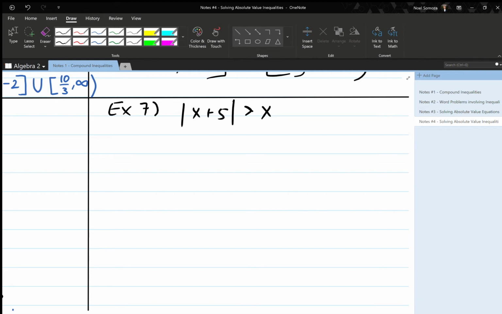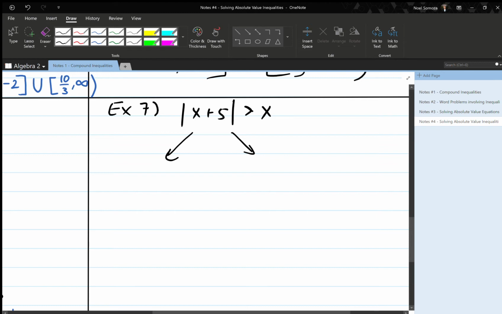Kind of like what we looked at when I showed you guys the multiple graphs, where they intersected, that kind of thing. I want to know where the absolute value of x plus 5 is going to be greater than y equals x, basically. So, in this case, business as usual. What kind of inequality, which way is it pointing? Towards absolute value or away? Away. So sandwich or split? Split. So we split regardless.